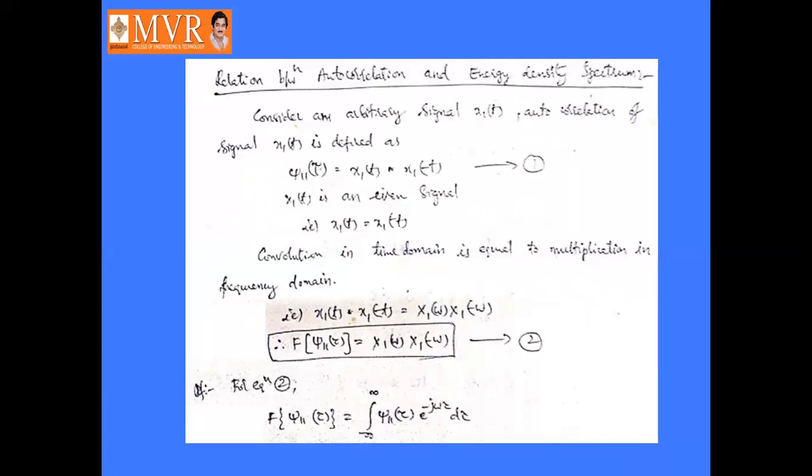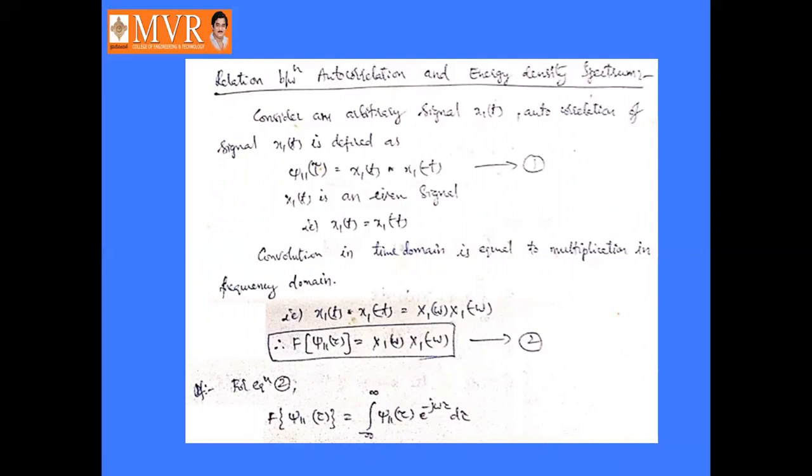Let us consider an arbitrary signal x1 of t. The autocorrelation of this x1 of t is J11 of tau equal to x1 of t convolved with x1 of minus t. So that is equation number 1. Here x1 of t is the given signal.